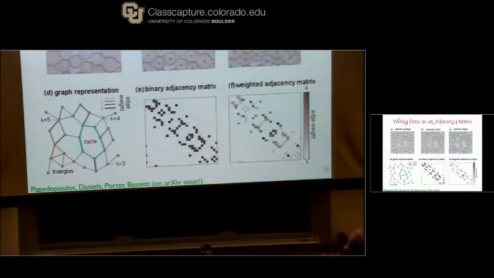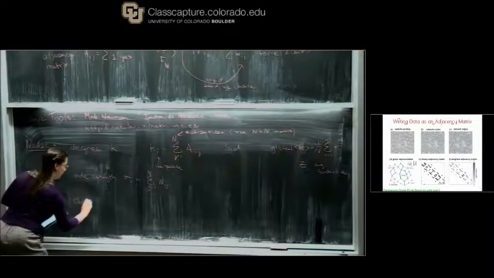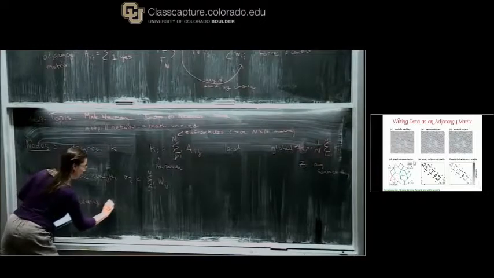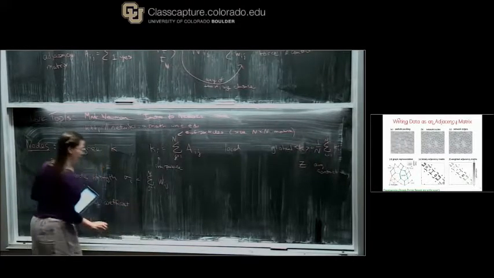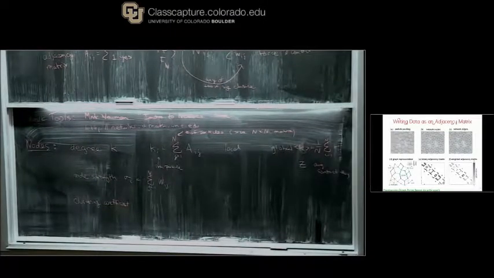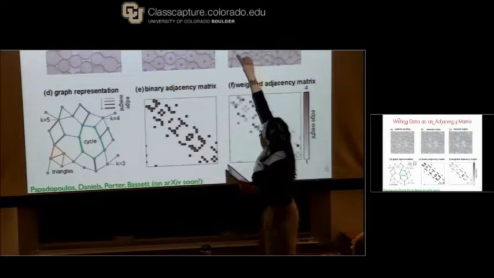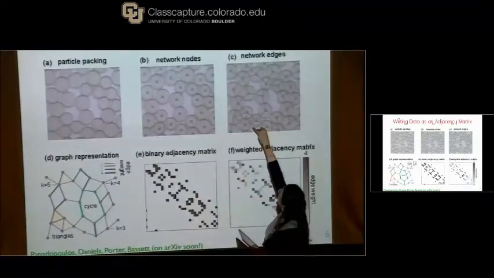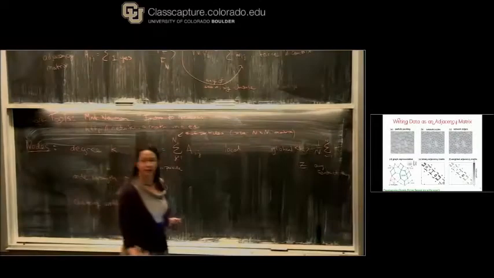Another useful measure at the node scale is something called the clustering coefficient. So looking at these triangles that form, for instance, this is a node that's very densely connected to triangles. This is a node that's not. And you can see that this is probably related to the packing fraction also.